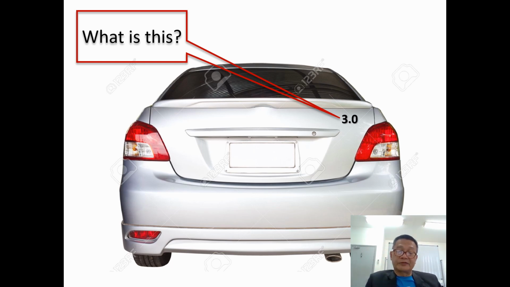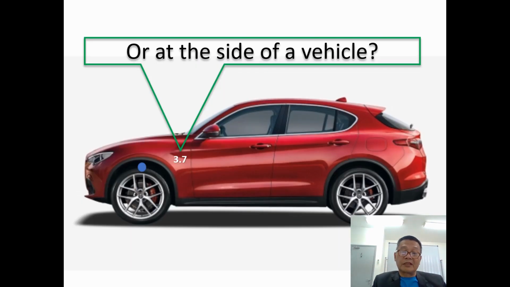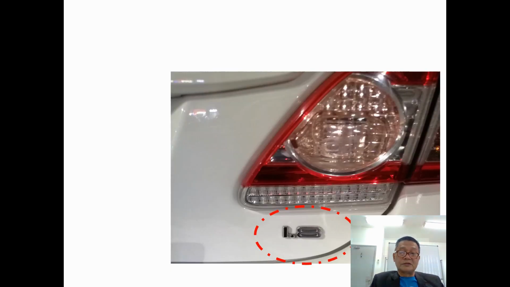So let's say for this example the number is 3.0, and you can also see numbers like 3.5, or on some vehicle models at the side of the vehicle, for example 3.7, and also some models have 1.8.